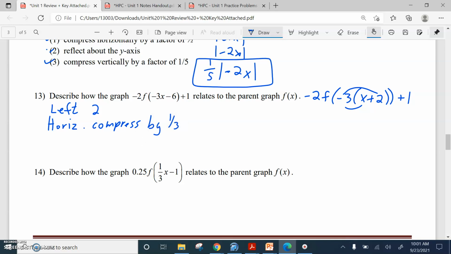The other multiplication out front, 2, so that's a vertical stretch. Whole numbers out front like that, that's a vertical stretch. And we just say by the number it's given, by 2. We also have 2 negative numbers in here.